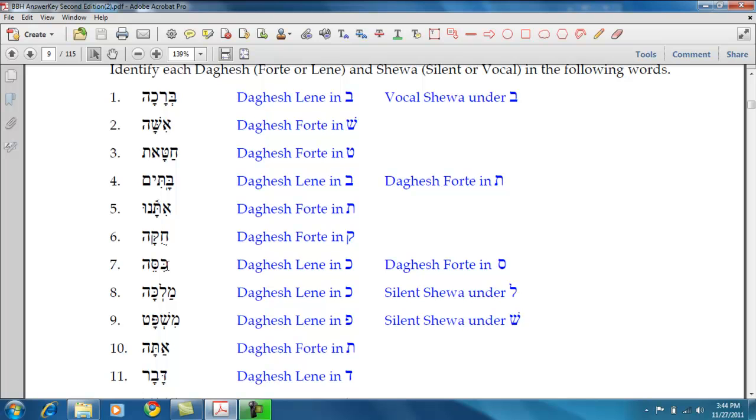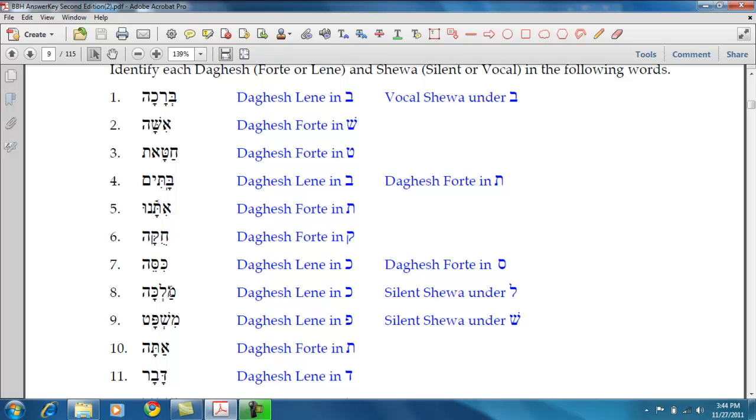Kiseh. The dagesh in the kaf is actually a lene. It's a begadkefat letter and it's not following a vowel. And the dagesh in the samekh is a doubling dagesh because samekh is not a begadkefat letter. So kaf is lene, samekh is forte.